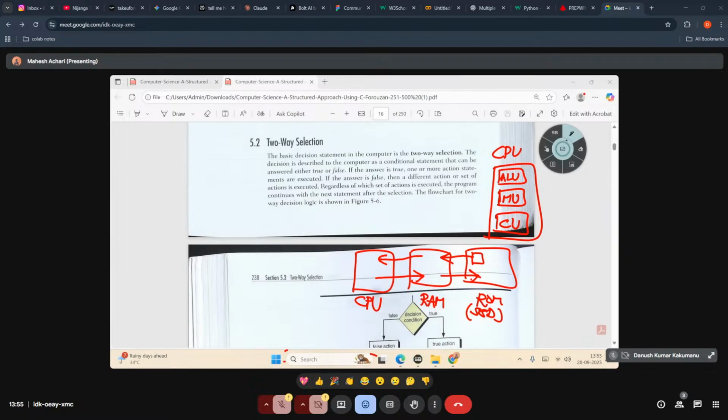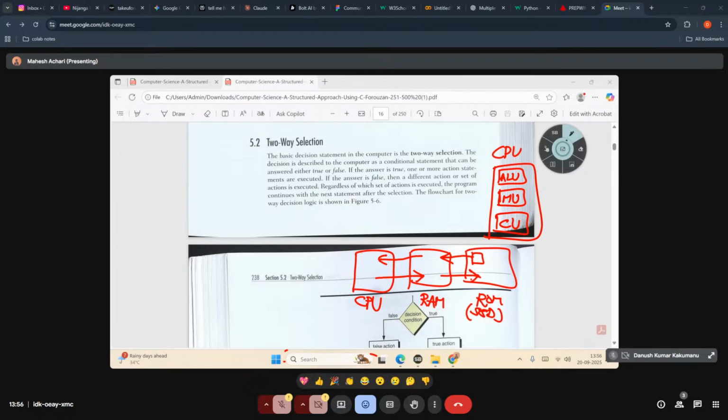Okay, now CPU components are there: ALU, memory unit, and control unit. What is the role of the control unit? Whatever the incoming data to the CPU and outgoing data from the CPU, everything is monitored and controlled by the control unit, right?